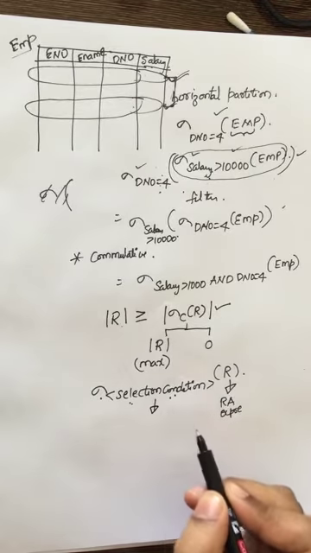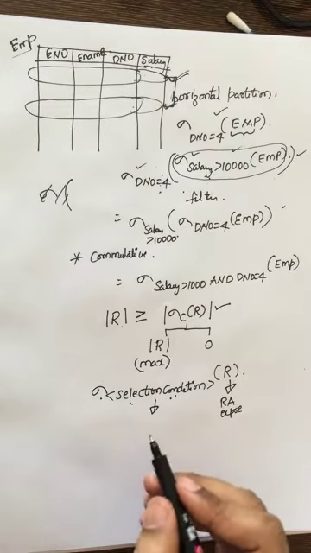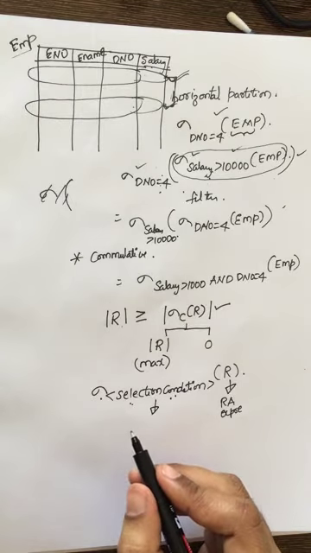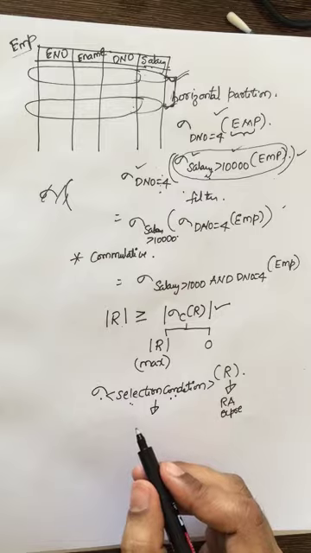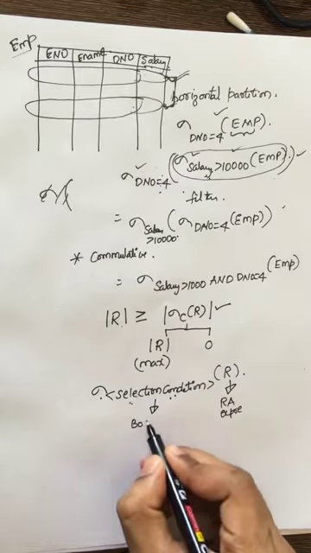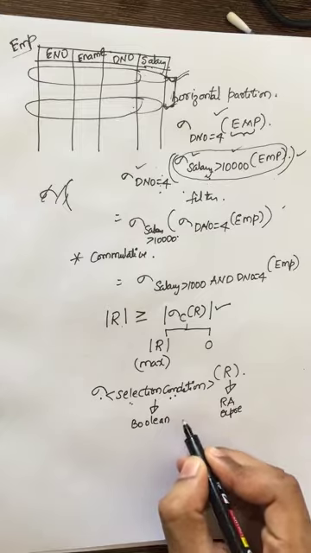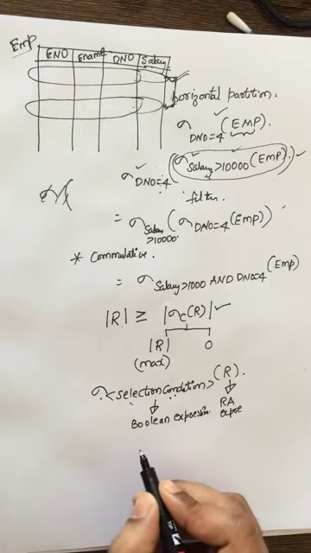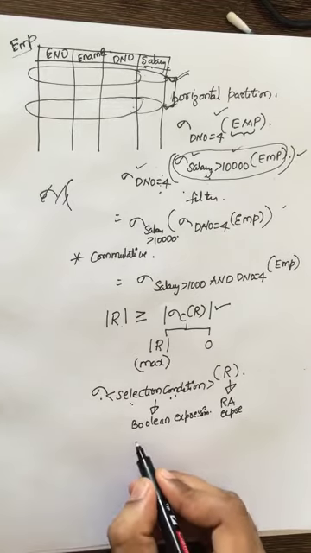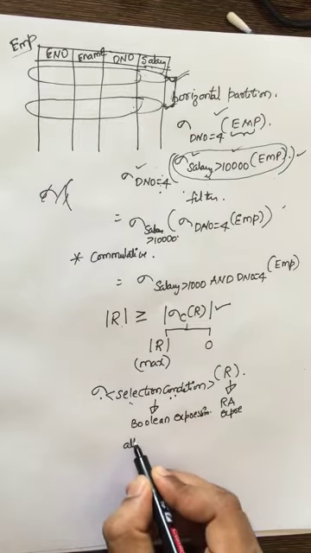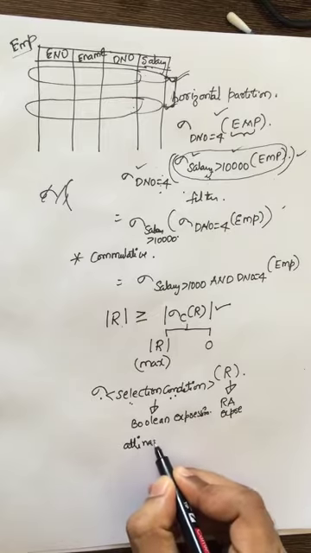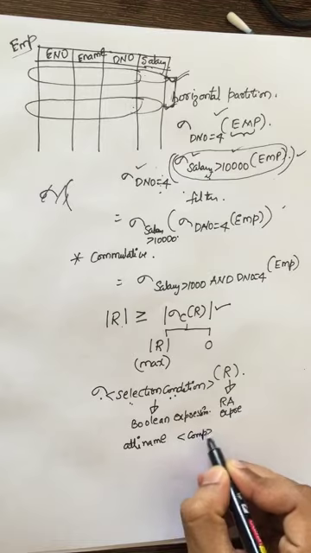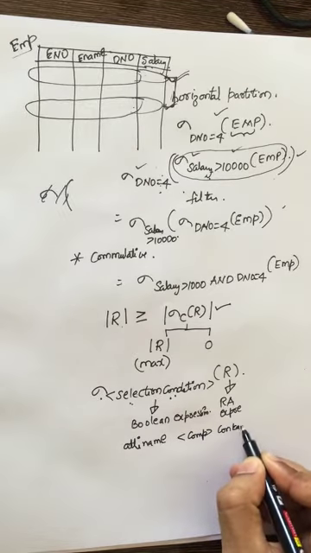And this selection condition can generally be written like this. It is any combination of Boolean algebra expressions, so it is a Boolean expression, and we know that a Boolean expression will contain at least one condition, and that condition will generally be of the form attribute name, then a comparison operation, and then some constant, right?